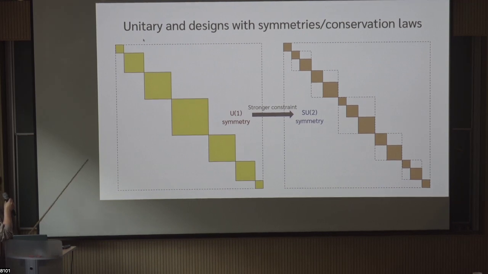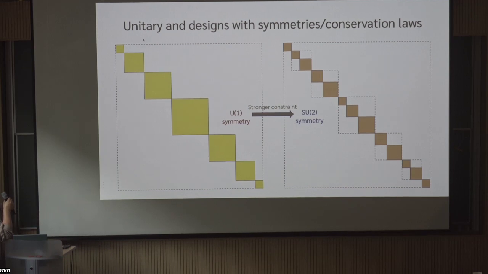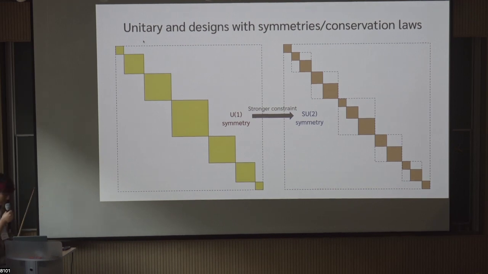Each block corresponds to a charge sector, and if we consider the more complicated SU2 symmetry, it actually gives us more constraints. And without using too much mathematical jargon, the sizes and the number of these small blocks will be very key to the analysis.